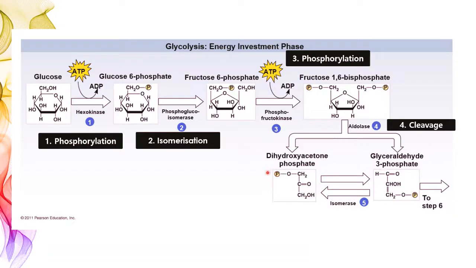The first one is dihydroxyacetone phosphate or DHAP, and the second one is glyceraldehyde 3-phosphate or G3P. But this DHAP will need to undergo isomerization to produce G3P. At this stage, from 1 molecule of glucose, there will be 2 molecules of G3P.